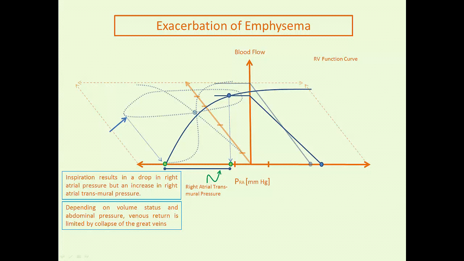And that afterloads the right ventricle, so the curve shifts down and to the right. And that's because pulmonary vascular resistance goes up as lung volume is increasing. Also, you're tending to distend the right ventricle, and that increases the radius of curvature of the right ventricle, which increases the wall tension as a surrogate for your right ventricular afterload. That also tends to shift the curve down and to the right.